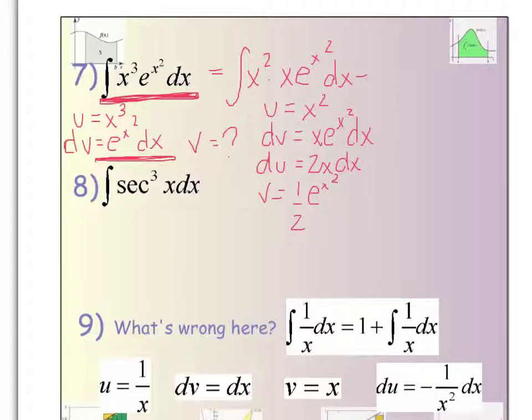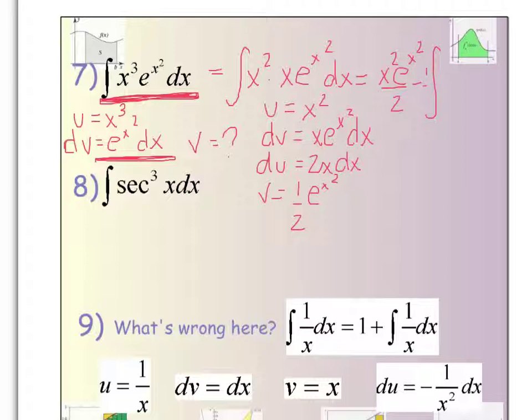So now this integral becomes, that's the integral of u dv. That's equal to, remember, say it with me, uv. So that's x squared e to the x squared over 2. That's uv minus the integral of v du.